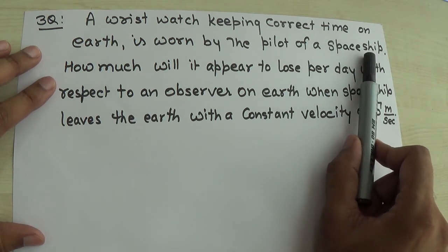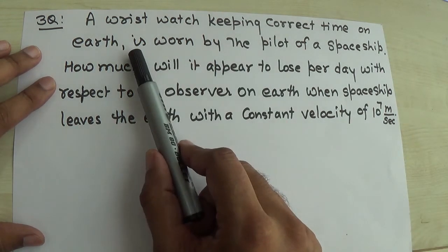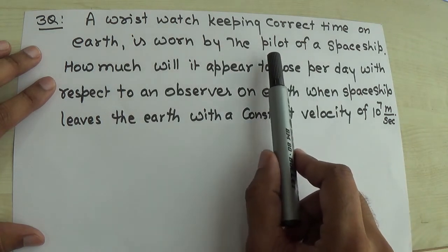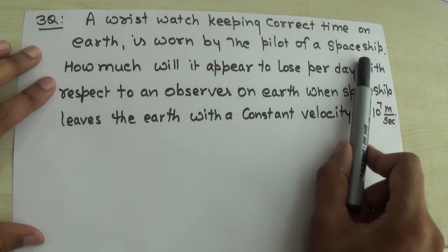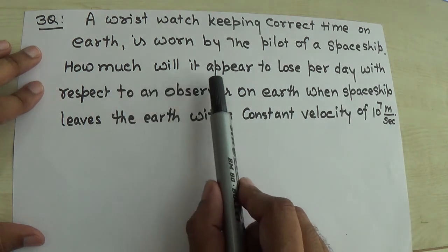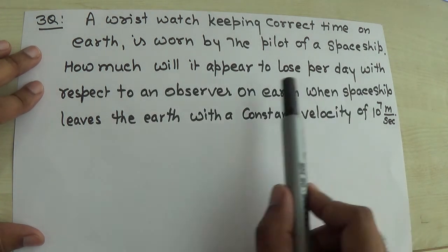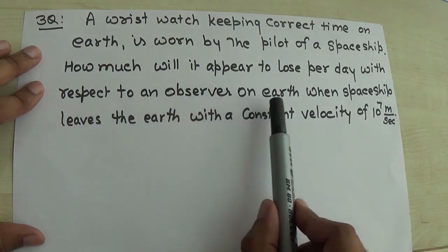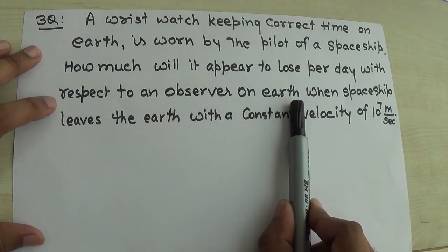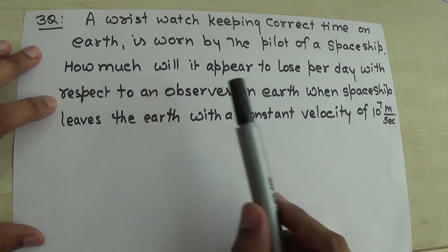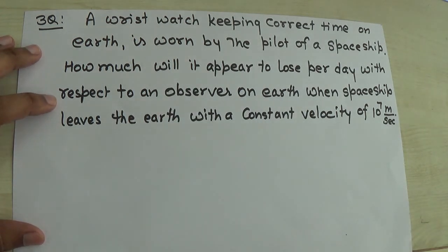So the wristwatch basically fixed on the earth and worn by the pilot in a spacecraft. How much will it appear to lose per day with respect to an observer on earth? In this question what they are asking is that it will run slow according to the observer who is on the surface of earth, that is in rest frame, as compared to the moving frame.